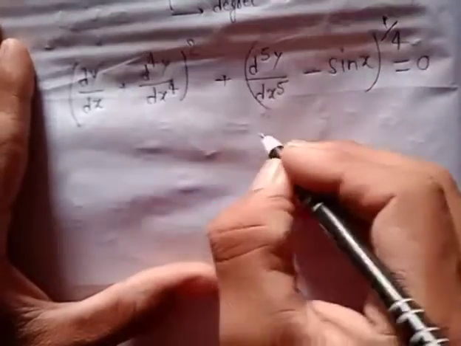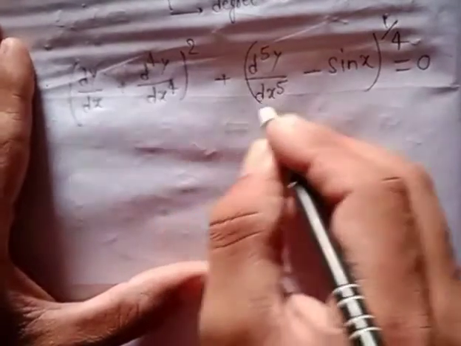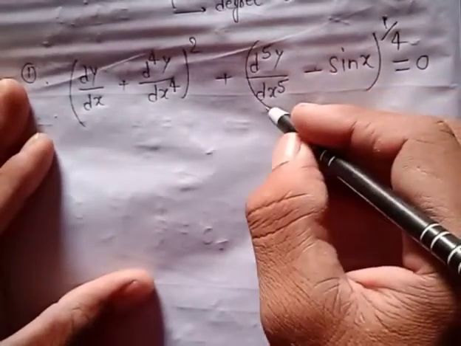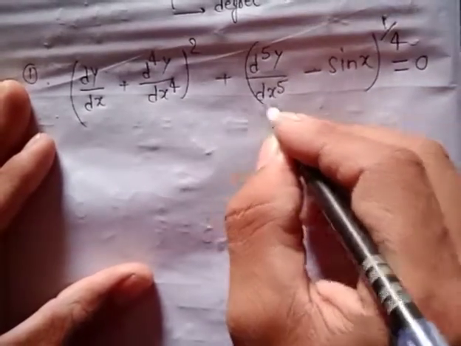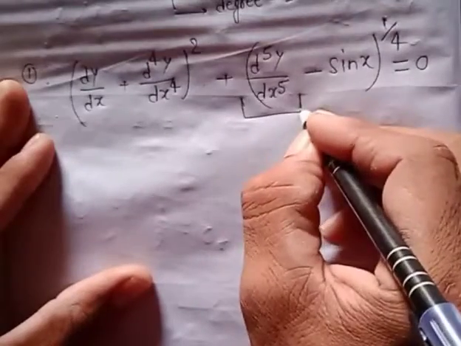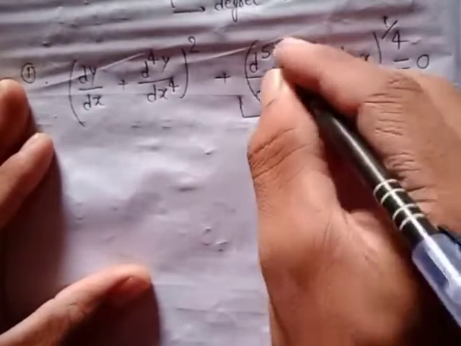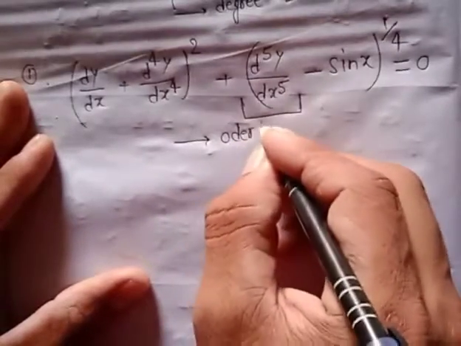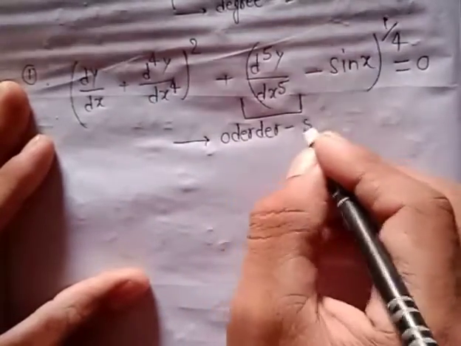As we know, the order of a differential equation is the order of the highest order derivative. So the highest order derivative is this, and its order is 5. So the order of this differential equation is 5.